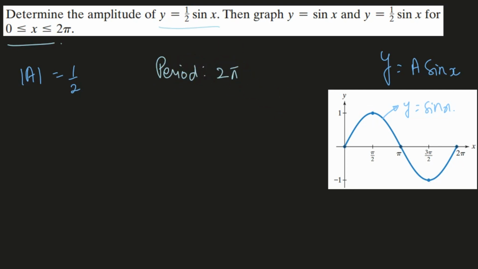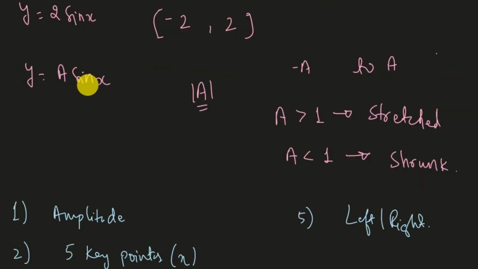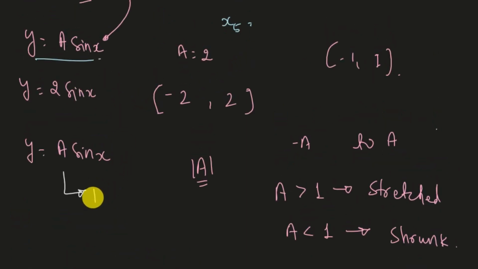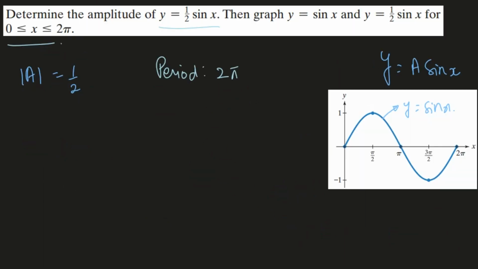I think I missed this out earlier. The period for y equals a sine x is the same as the period for y equals sine x. So the period is 2 pi. After every 2 pi angle, the curve is going to repeat.